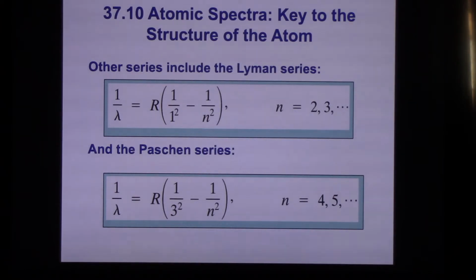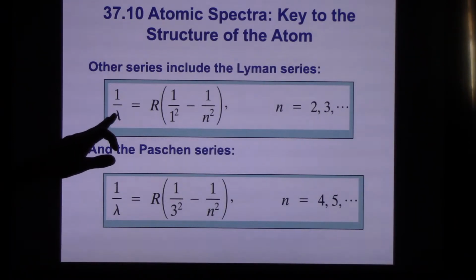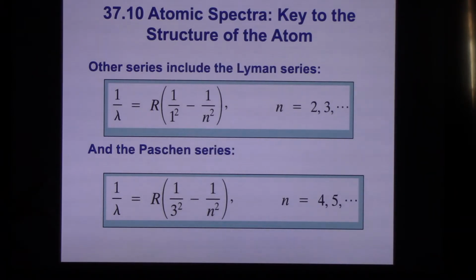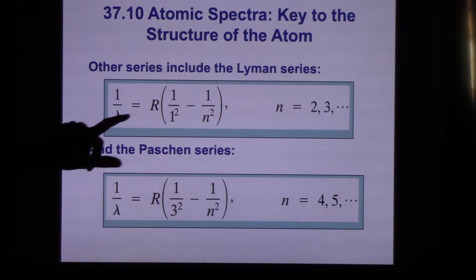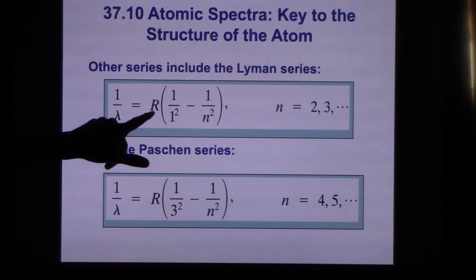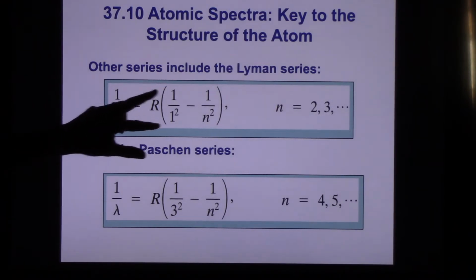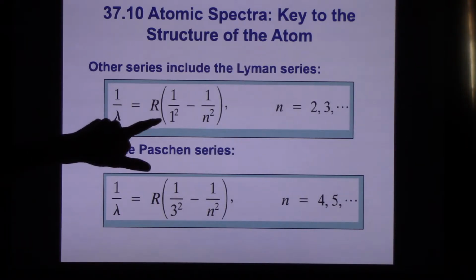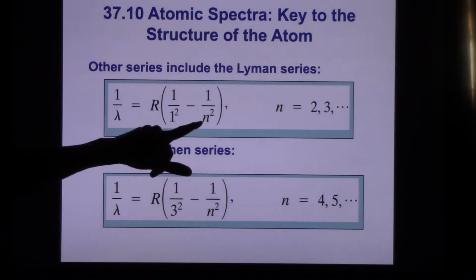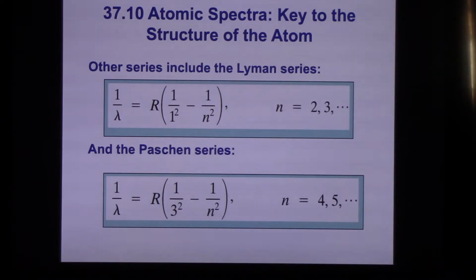But researchers, just playing around with the numbers, found out that the wavelengths of light being produced in hydrogen could be calculated using this Rydberg constant and writing 1 over the wavelength as a Rydberg constant times 1 over an integer squared minus 1 over another integer squared.